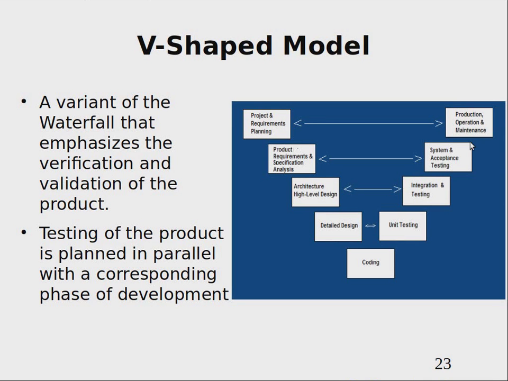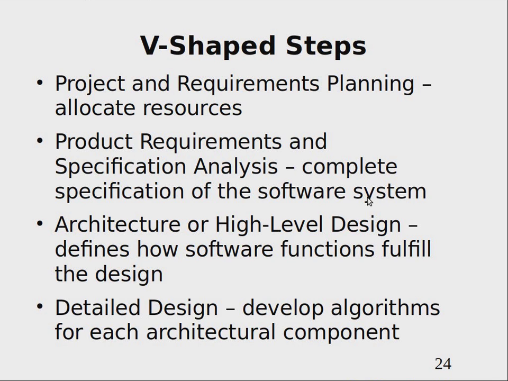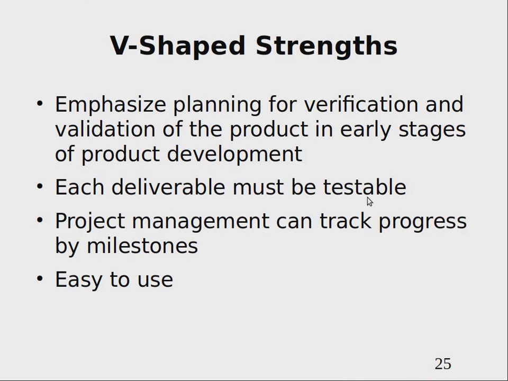And when you do production, operation and maintenance, you need to go back to high-level requirements and planning. So that helps to highlight your interest during testing much better than the waterfall model. So that is a good thing.